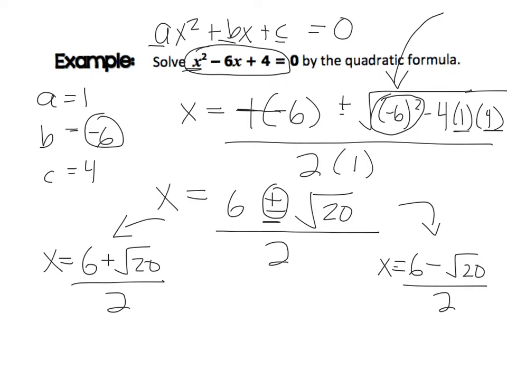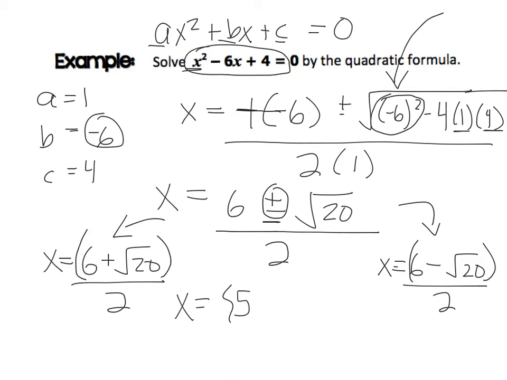Now be careful when you're plugging this into your calculator. You need to make sure that you're telling your calculator to take 6 plus the square root of 20 all divided by 2. So put this in parentheses or take it in two different steps. Same thing over here. When you do this, you should get two solutions.